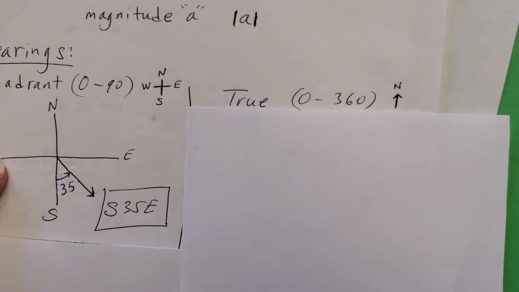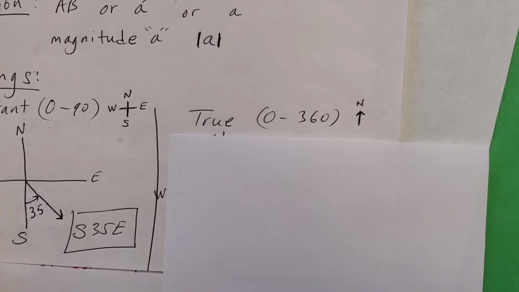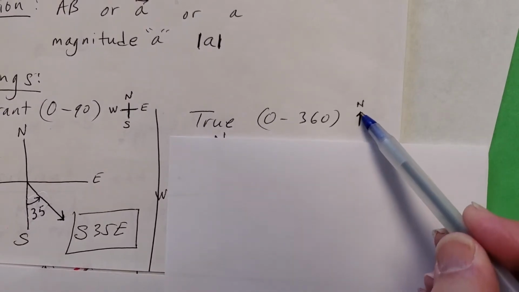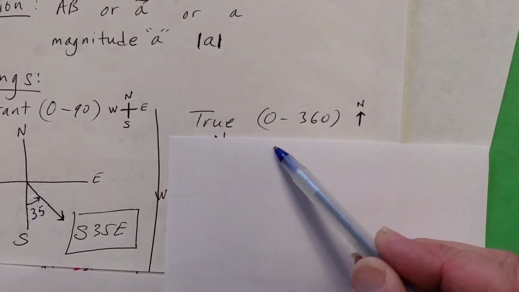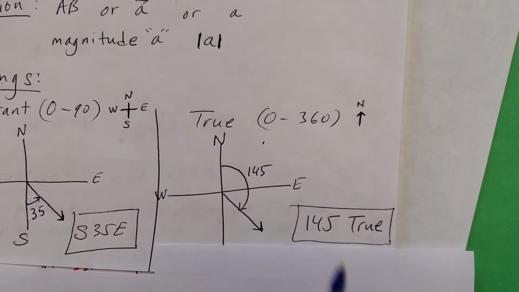Another way to do it is to just look at the whole circle from 0 to 360. And if we start the circle at north, just tell me the angle. So that angle in 0 to 360, we would call 145. Right? That's 35. So from 180, 35 from 180 would be 145. So that angle is 145.